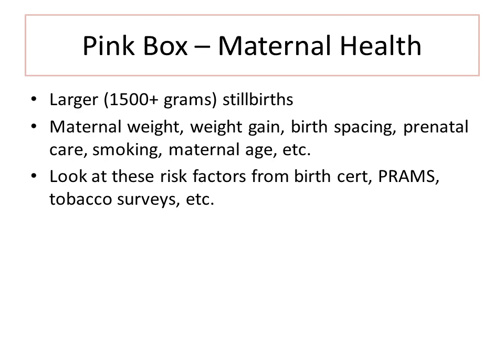And for this group, you can look at things like maternal weight, again, birth spacing, prenatal care, smoking, weight gain, etc. And you can also supplement that information with information from PRAMS. That's a really good survey. Tobacco surveys to look at smoking patterns, smoking behaviors, and other different population-based data sources that could support your vital records data.